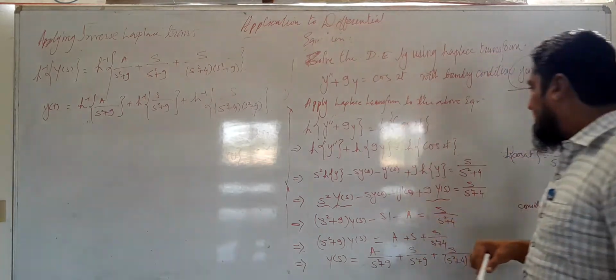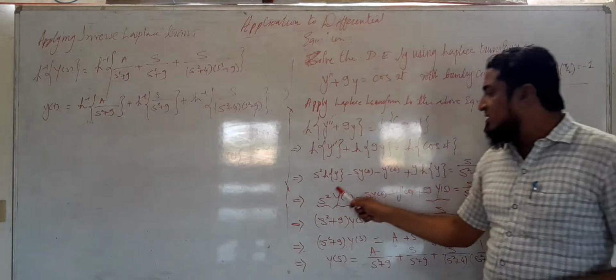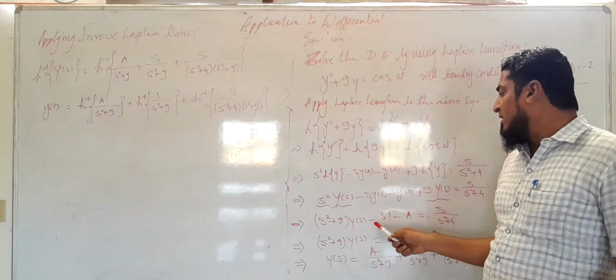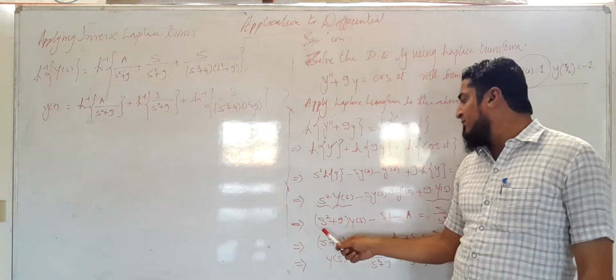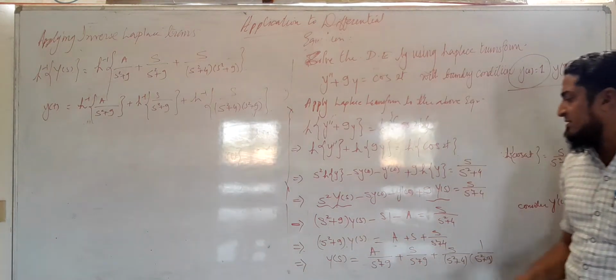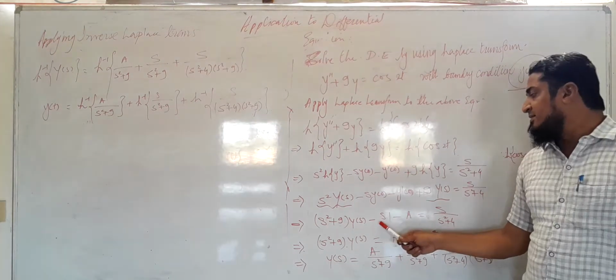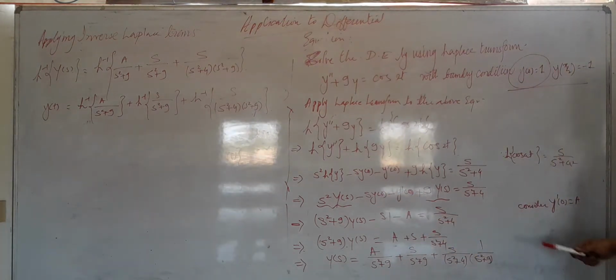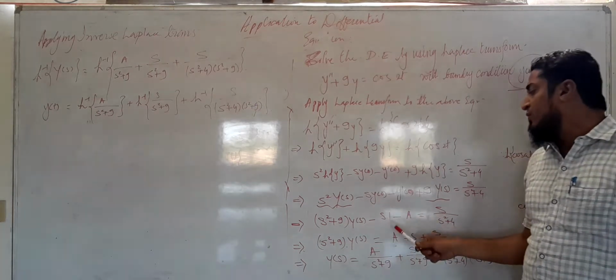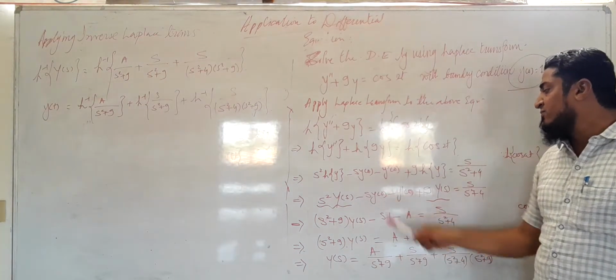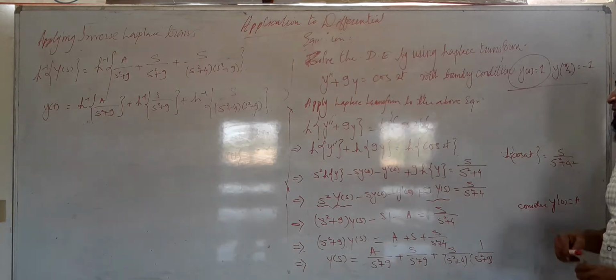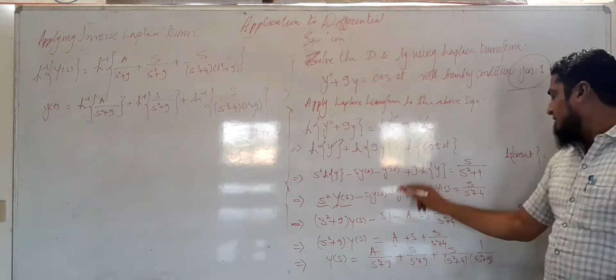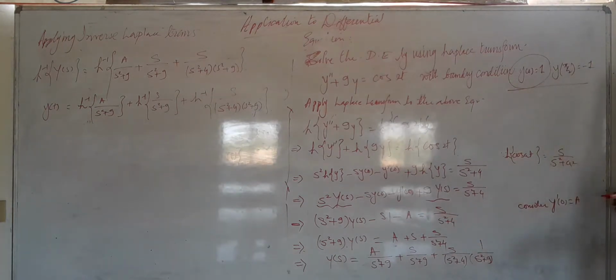Taking Y(s) common outside the bracket, we get (s square plus 9) Y(s) minus s y of 0. As given, y of 0 is equal to 1, so we substitute 1, and y dash of 0 is not given, so we consider y dash of 0 is equal to a.